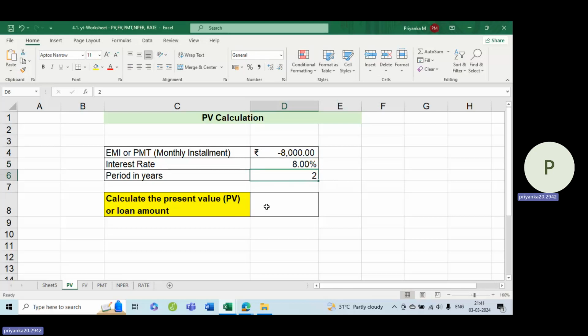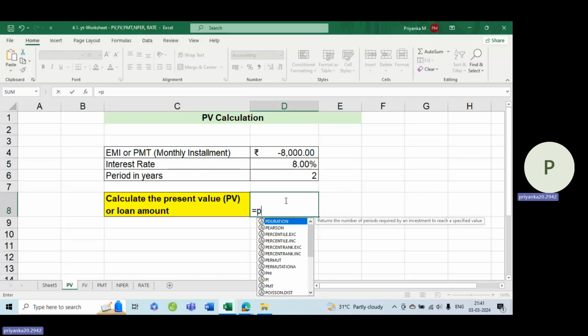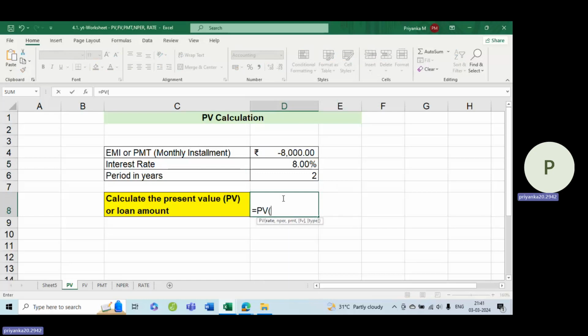Now they are asking what is the present value, or what is the total amount you have to pay. So I'm just going to give equal to PV of, tab. You can see the formula here itself.